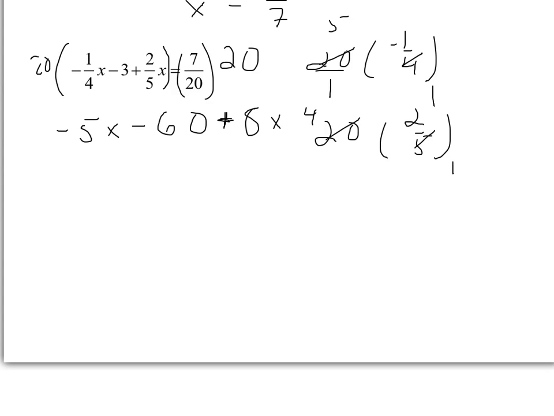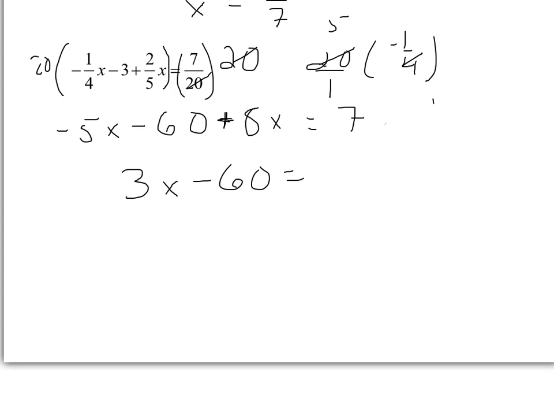That's going to equal, on the other side, 7 over 20 multiplied by 20. The 20s just cancel out, so I get 7. So combining like terms, -5x plus 8x is 3x.